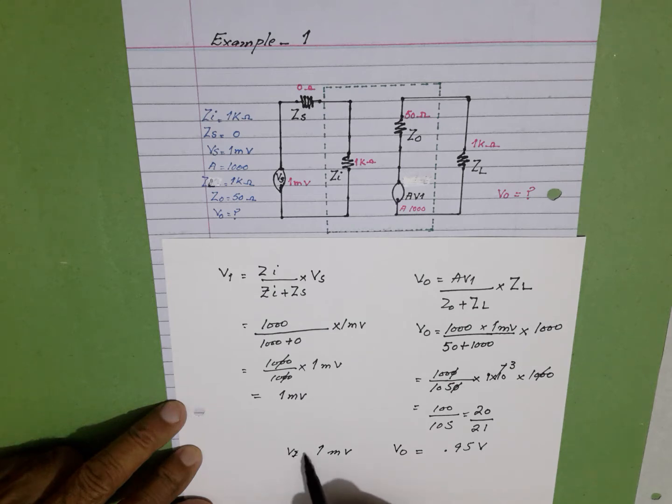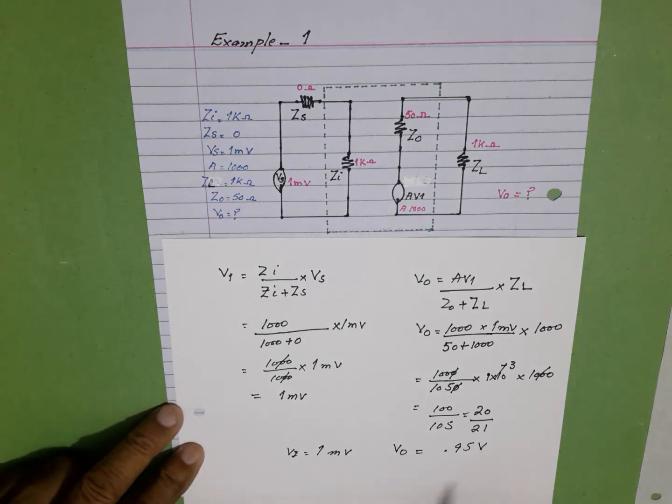The input voltage is 1 millivolt. 1 millivolt means when you divide 1 volt by 1000, you break it into 1000 parts and pick up one part, which we call 1 millivolt. That is, a thousandth part of a volt has been amplified to almost 1 volt.